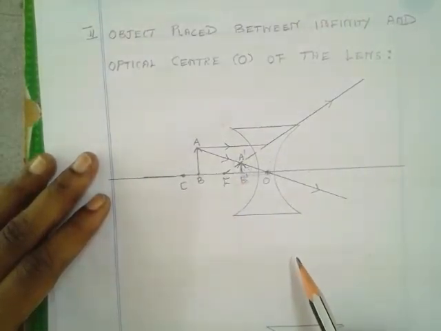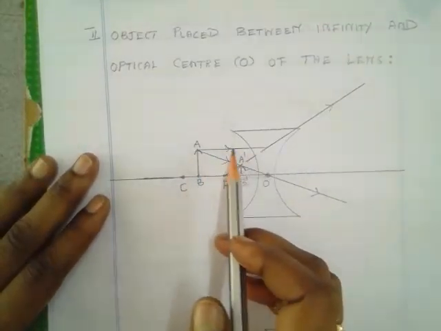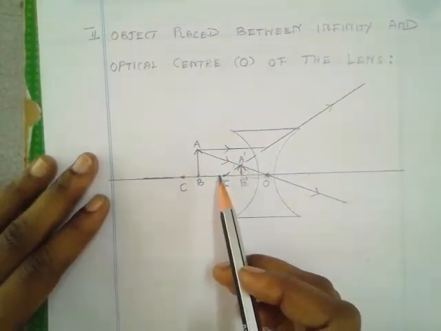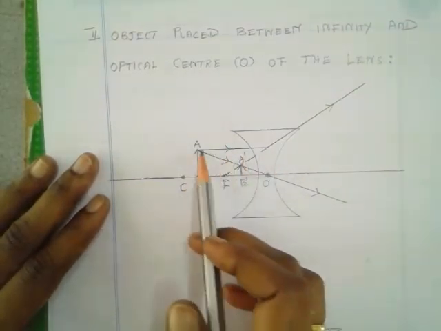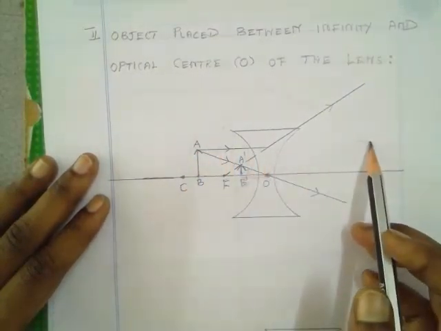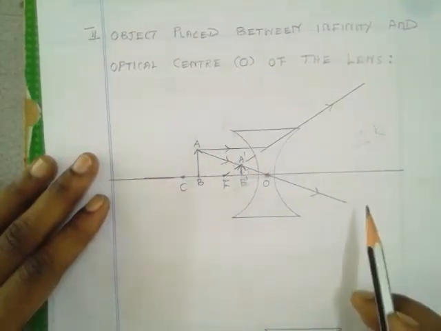The distances measured in the same direction as that of the incident light are taken as positive. This is the direction of the incident ray, meaning the distance measured in this direction is considered a positive value.